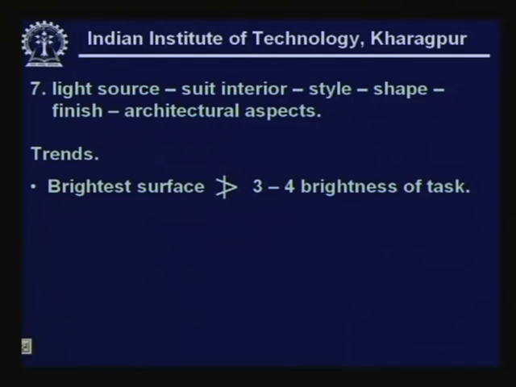With all this, we said in a particular interior there can be dark corners, bright corners, and the general recommendation talks about a general illumination level which is comfortable for the eyes and keeps these things in mind.